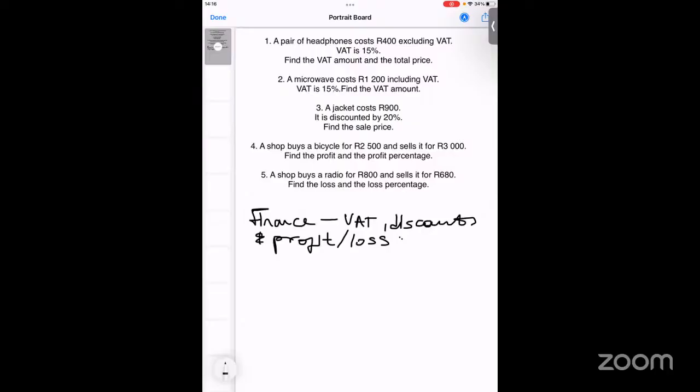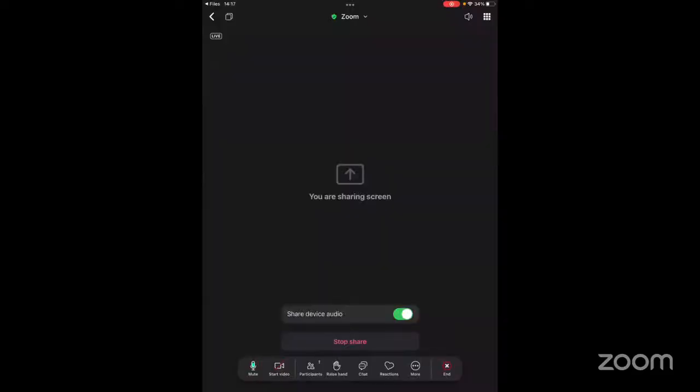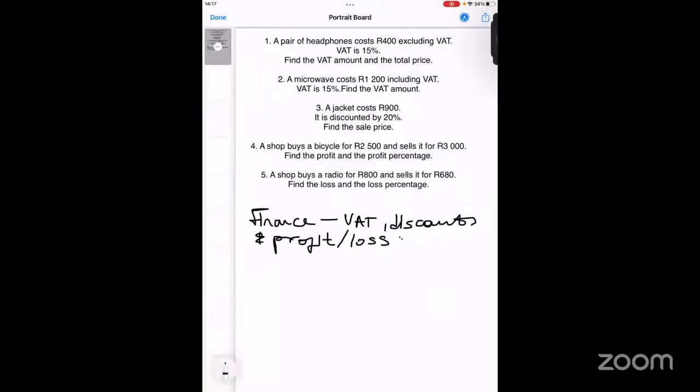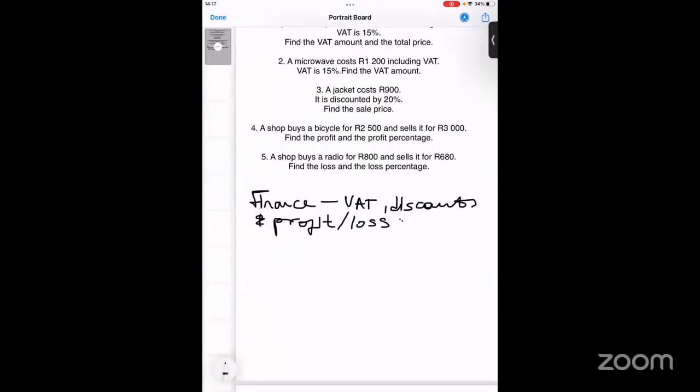So maybe without wasting much of our precious time, I would like to very quickly check if the screen is sharing. Just want to make sure that this comes out exactly the way it's supposed to be, the same way as the other lessons.